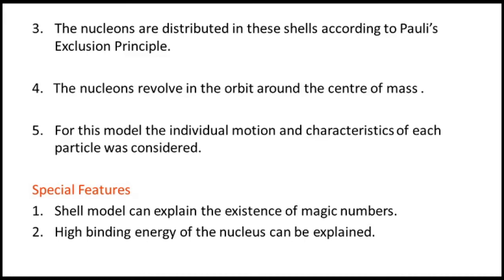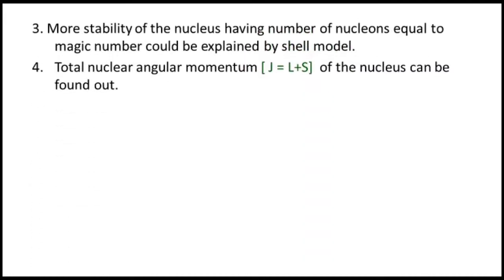Now what were the special features of this shell model? The shell model can explain the existence of magic numbers. The high binding energy of the nucleus can be explained on the basis of the shell model.